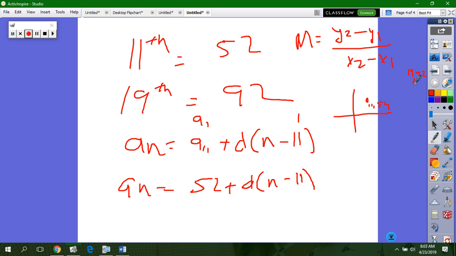That was a good year, actually. You weren't even a twinkle in your parents' eyes yet. How much did we rise if we went from 52 to 92? 40. How much did we run if we went from 11 to 19? 8. And remember, slope is rise over run. So 40 divided by 8 is 5. So I just replace this with a 5.